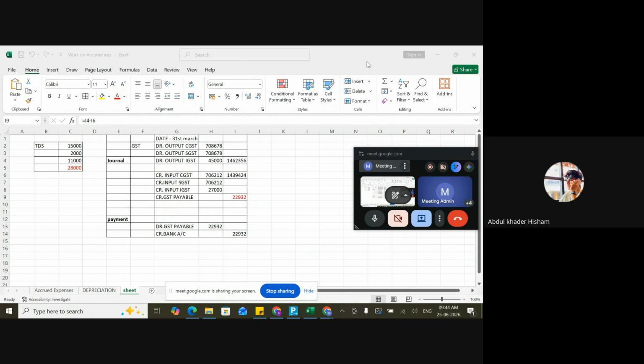Actually, loss. So you understood the concept, right? If the output is more and the input is less, then we can do the set off entry. If the input is more, output is less, then we cannot do the set off entry. What do we do in that case?